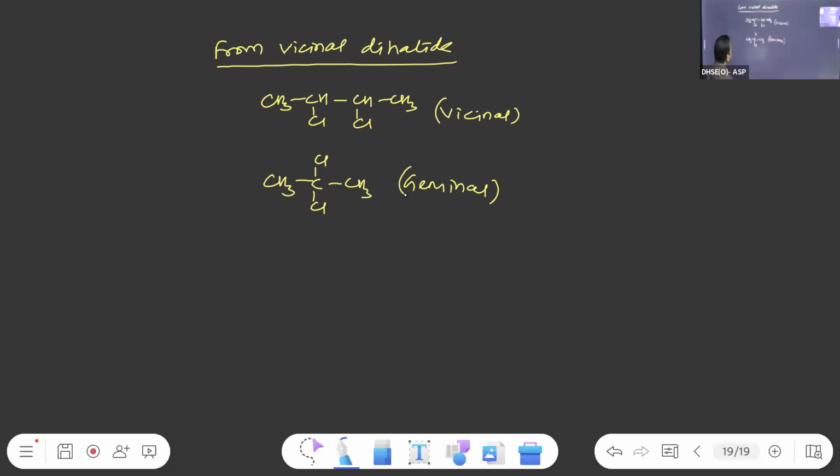Vic and gem can be written in short form. So vicinal dihalide means if two halogen atoms are present at adjacent carbon atoms, those are named as vicinal dihalide.